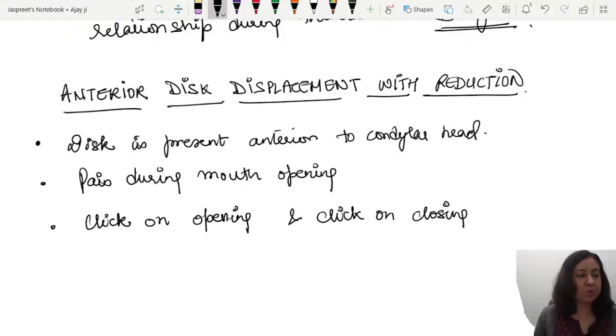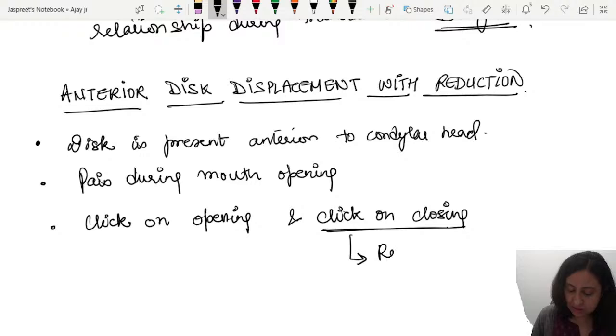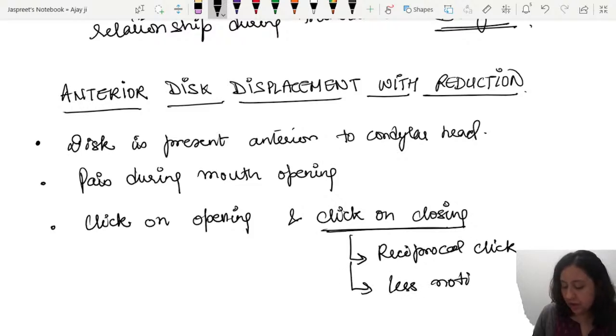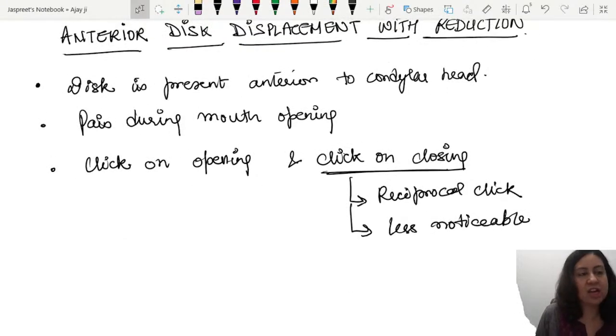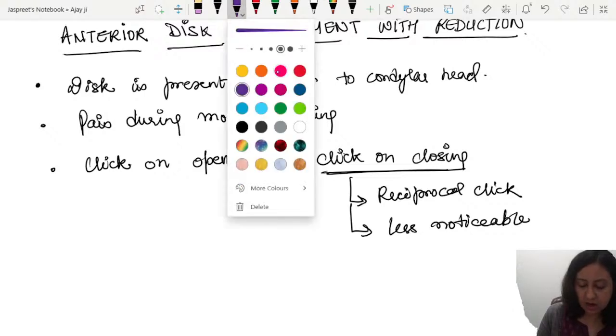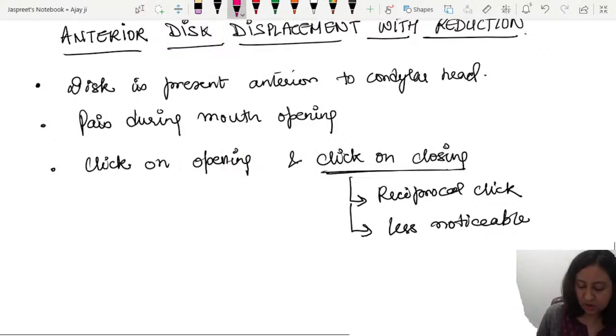Now this click on closing is also known as reciprocal click and it is less noticeable than the opening click. In some cases, this closing click or reciprocal click is not even noticeable, it is not noticeable also.